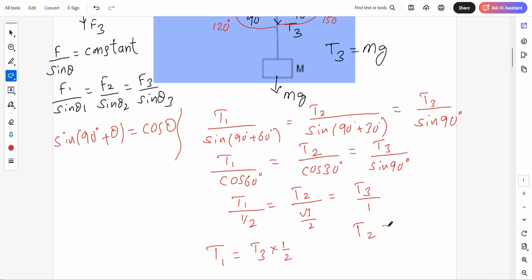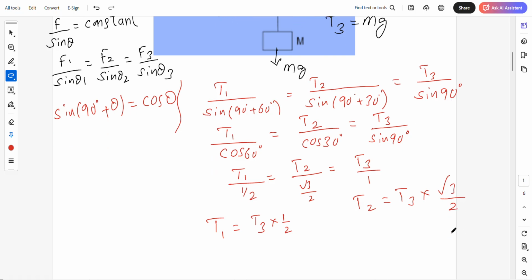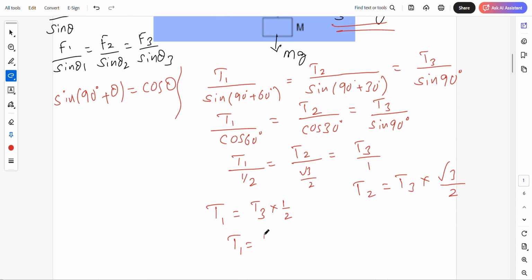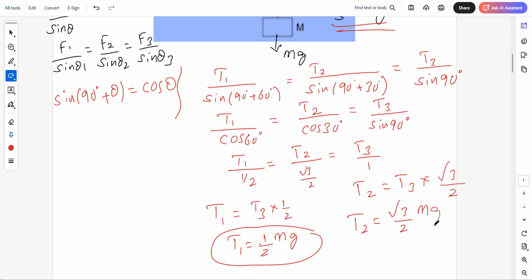And T2 is equal to T3 into root 3 by 2. Therefore, I can write T1 is equal to, we know T3 is equal to mg, so half of mg. T1 is half of mg. T2 is equal to root 3 by 2 mg.